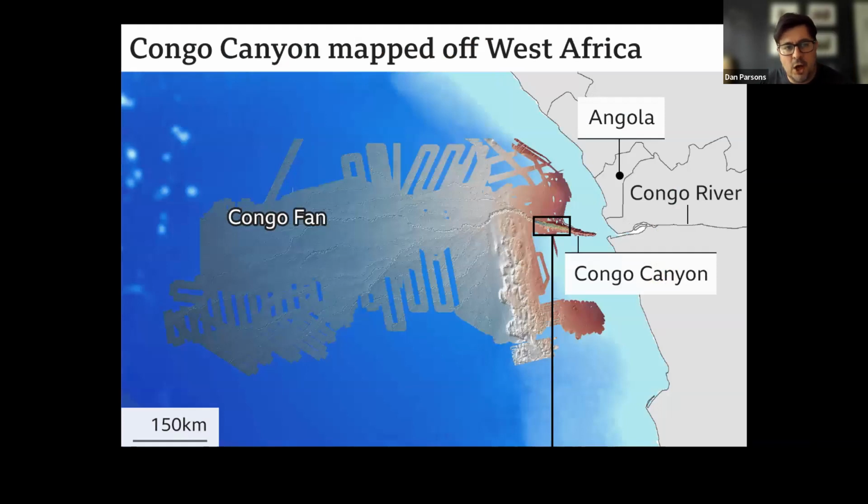And then we were able to go back with a number of vessels, and this is a map from Ed Pope, who's just moving on from Durham at the moment. He led on pulling the bathymetric surveys together here, which is the Congo Canyon mapped in unprecedented detail, and you can see the extent of that survey moving out over the waters.